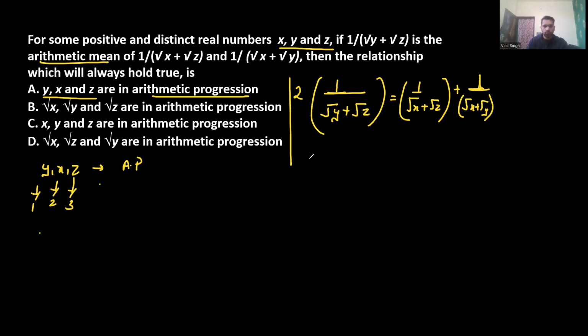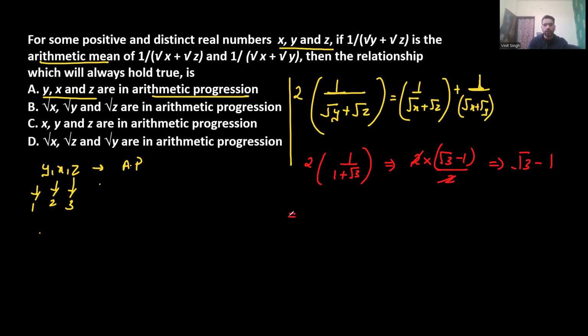Now, twice of 1 upon root y plus root z, with y as 1 and z as 3. After solving this, we get 2 into root 3 minus 1 upon 2, and the left hand side is root 3 minus 1.